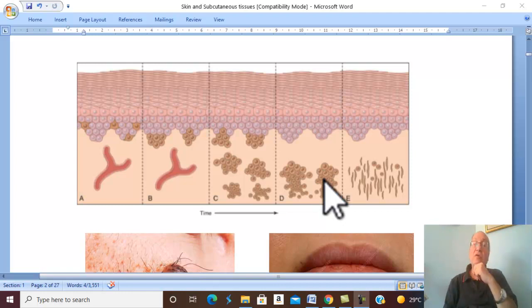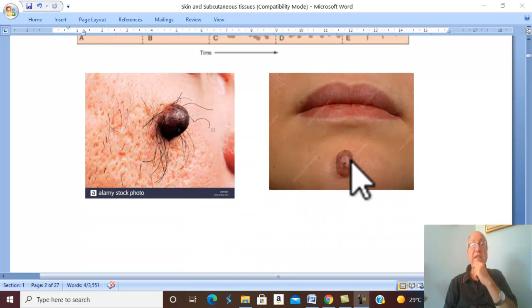Also in intradermal nevus, the melanocytes push the skin above, leading to this elevated area. Therefore, compound nevus and intradermal nevus clinically have the same features: pale brown or black raised nodule on the surface of the skin.